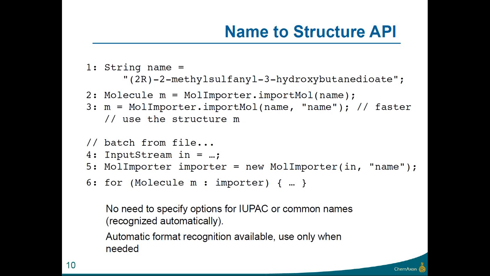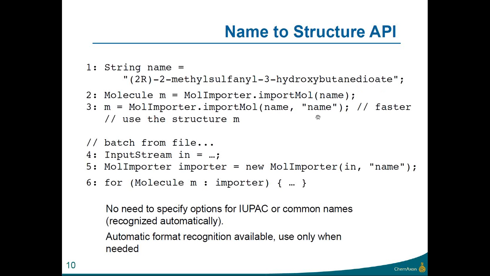If you know that what you have is a name, then it's recommended because obviously it will not need to detect the format, so that's saving some time. There might also be some cases where it wouldn't be perfect, or there might even be ambiguities about what format something is, in rare cases.